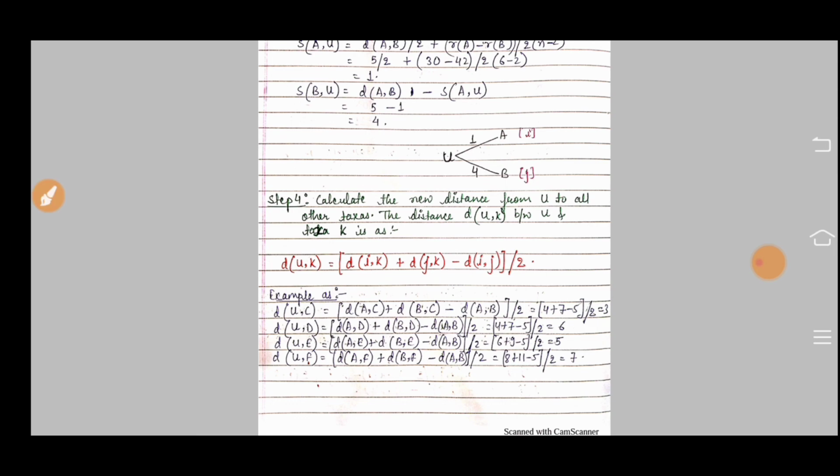So when we put it in the formula we will get 3. Same with DUD, (DAD plus DBD minus DAB) by 2, putting these values from the parent matrix we will get 6. Same with DUE we will get 5, and same with DUF we will get 7 after calculating.